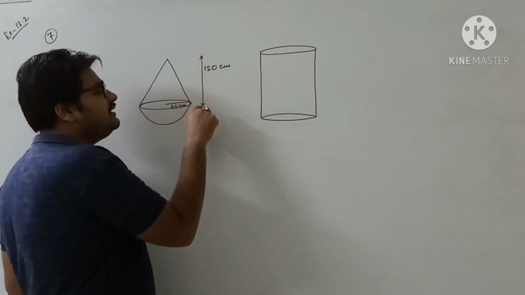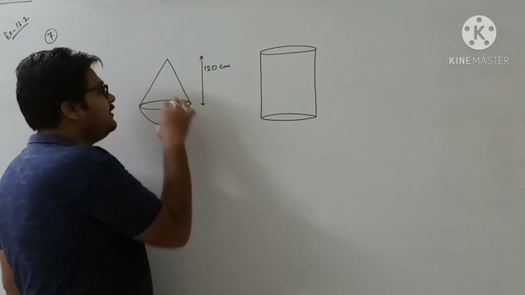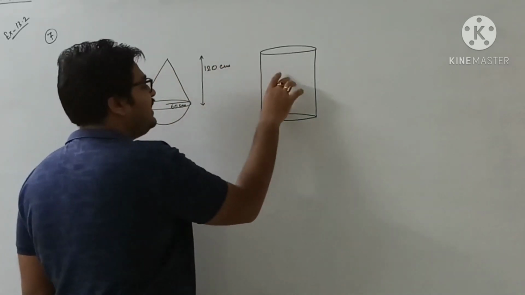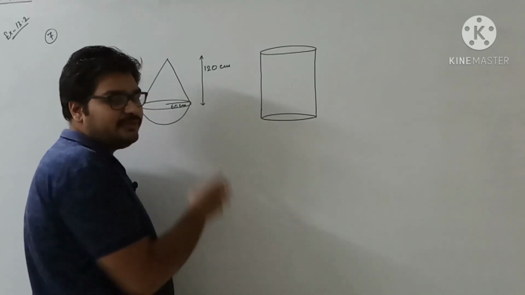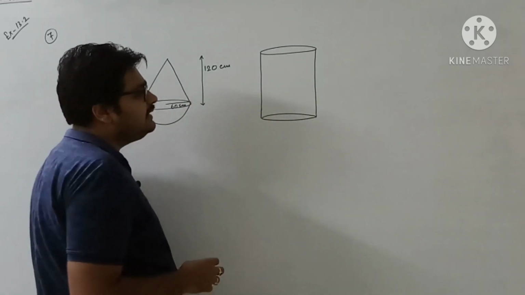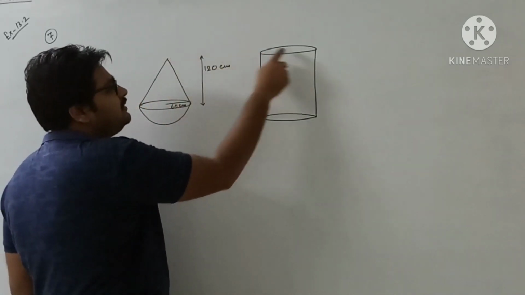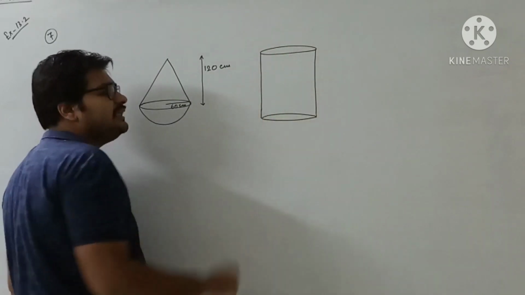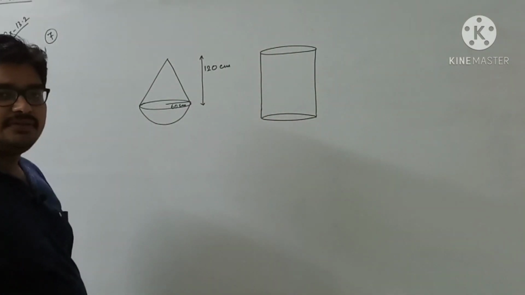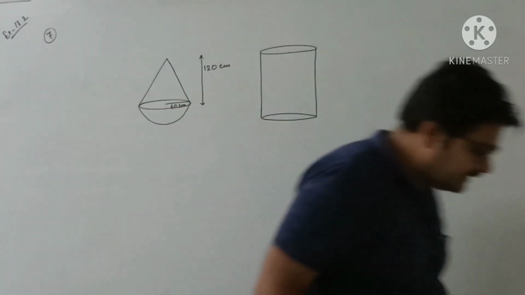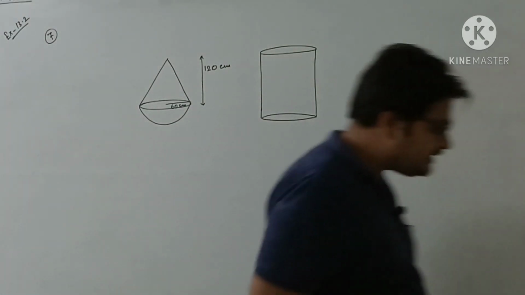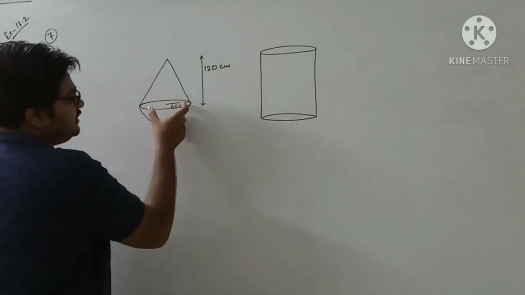This is 120 and this is 60, total 180. So whenever we keep it in the cylinder so that the hemisphere touches the bottom, just like we are keeping it upright, then the top vertex should touch the top of the cylinder also. Correct? And it has also been told in the question that the radius of the cylinder is 60 centimeters.